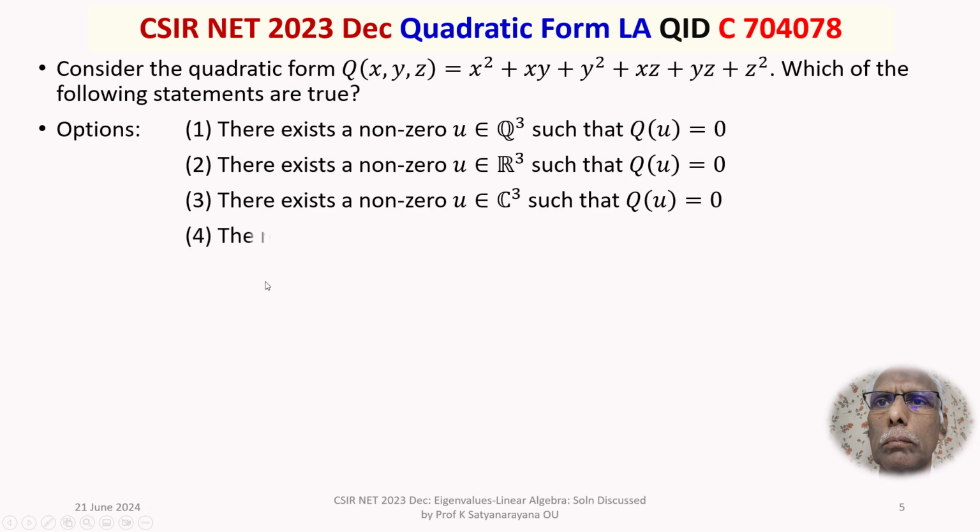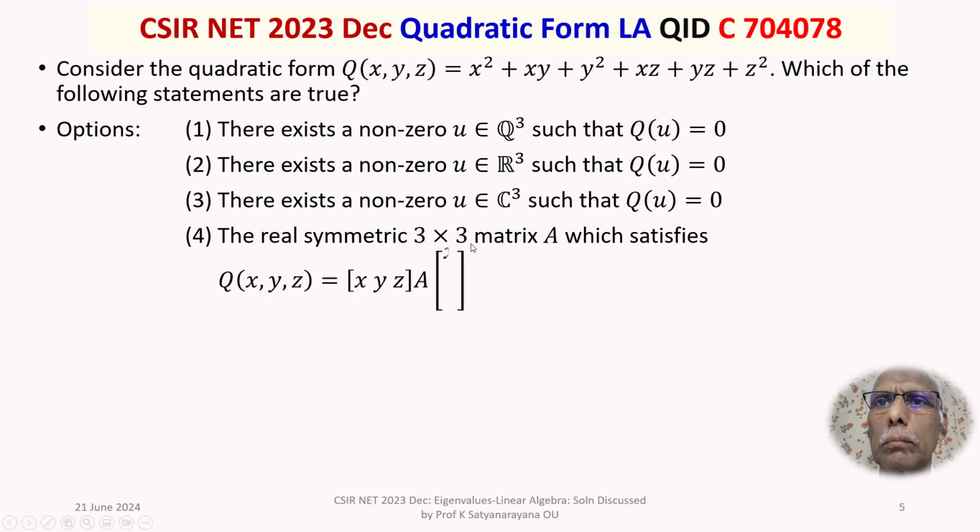Option 4. The real symmetric 3 by 3 matrix capital A which satisfies Q of x, y, z is equal to the row vector x, y, z multiplied by the 3 by 3 matrix A multiplied by the column vector x, y, z for all x, y, z belongs to the field of real numbers is invertible.